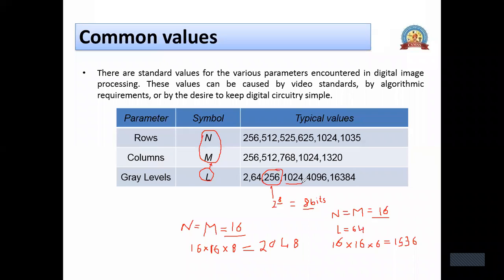Our brain doesn't differentiate that many colors. So if two colors are almost similar, then our brain will take it as the same color itself. It won't differentiate between those two colors. So that's why we don't require 1024. Okay. So that's why we take 256. It is quite sufficient for our brain to analyze. So most of the time, the gray levels will be 256. Okay.